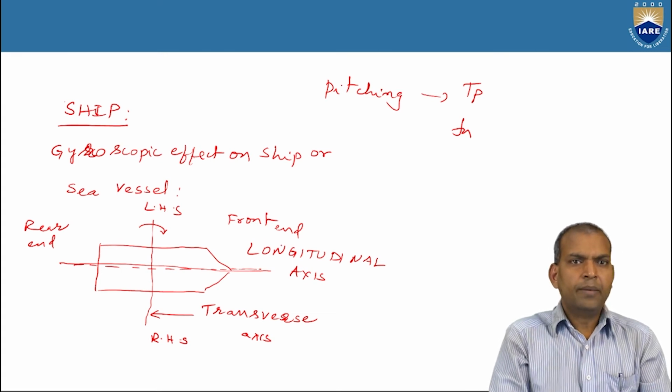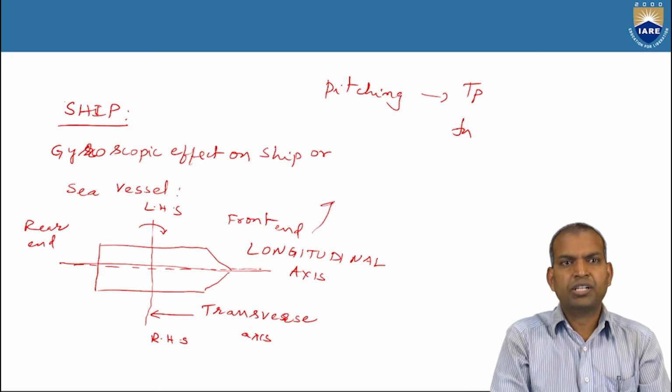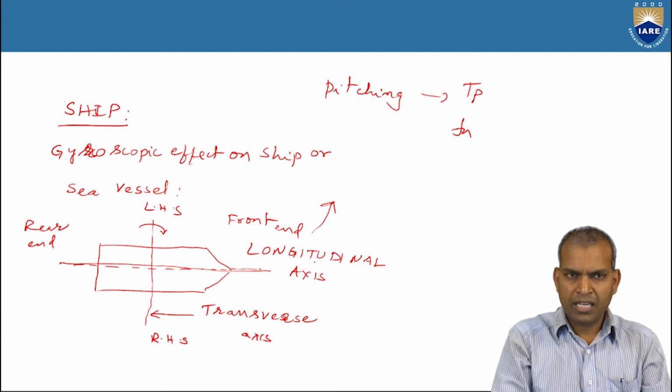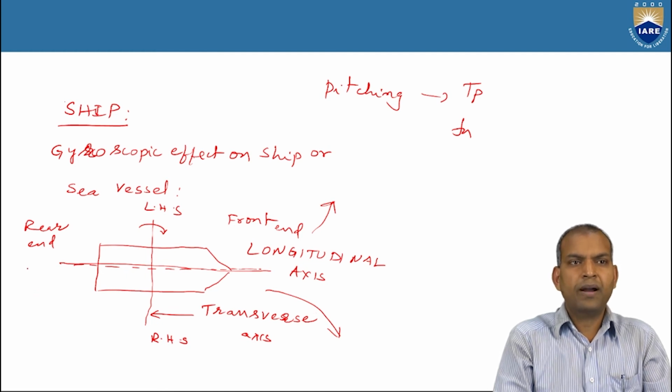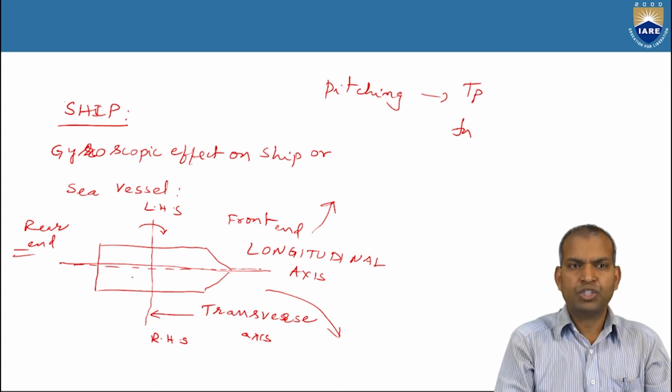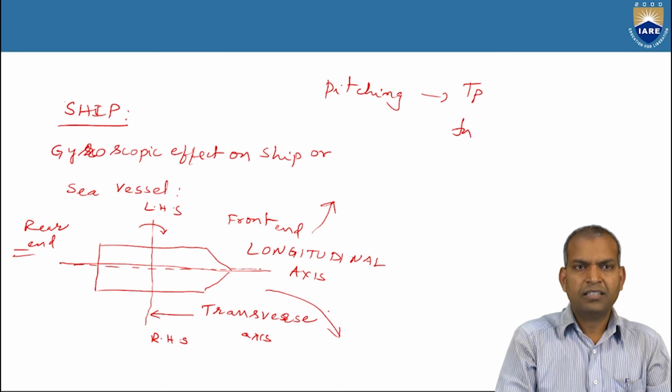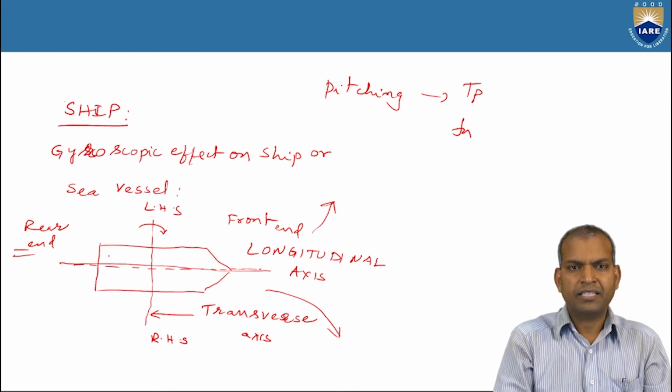And when the ship is taking left side direction, what is the gyroscopic effect? When the ship is taking right side direction, provided we are viewing from the rear end of the ship, what is the effect to the fore end or front end and rear end?